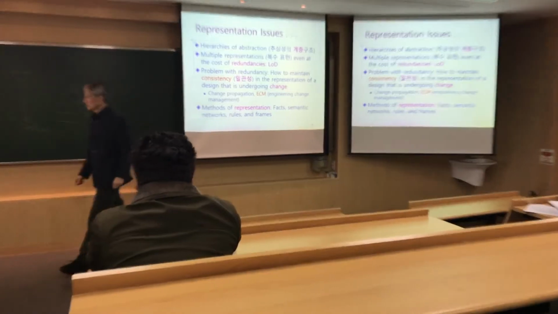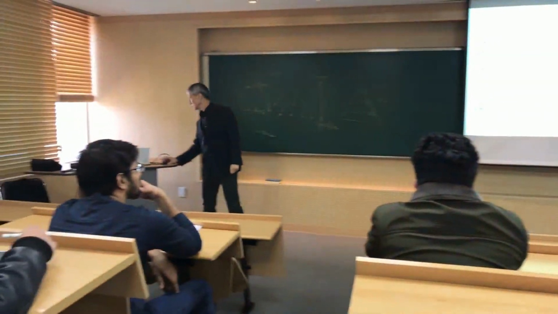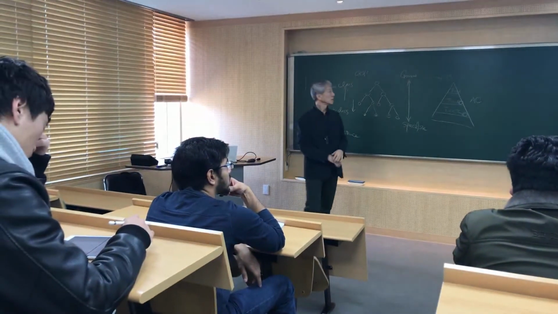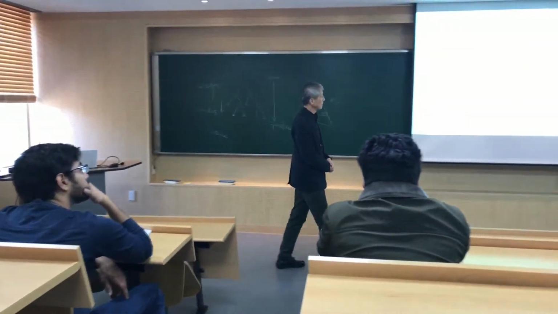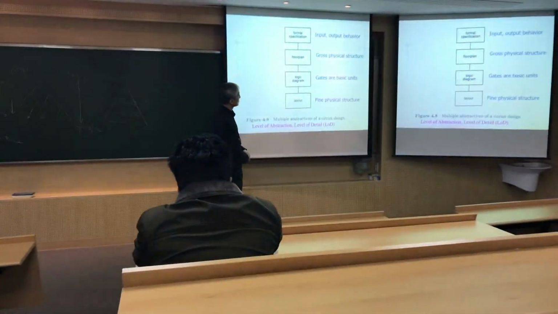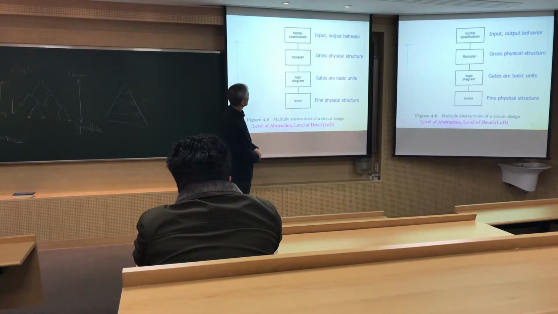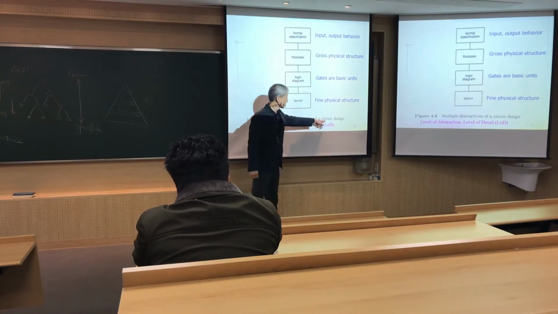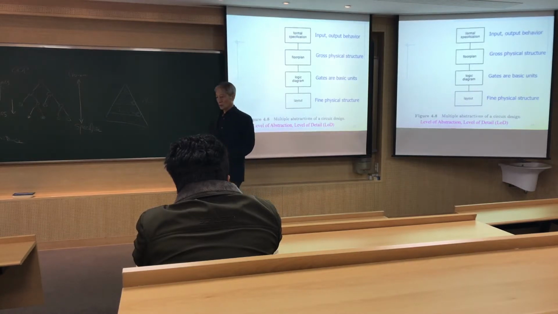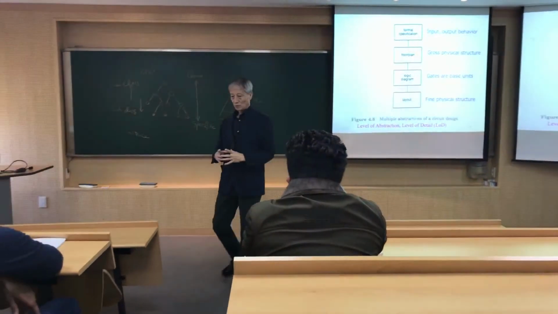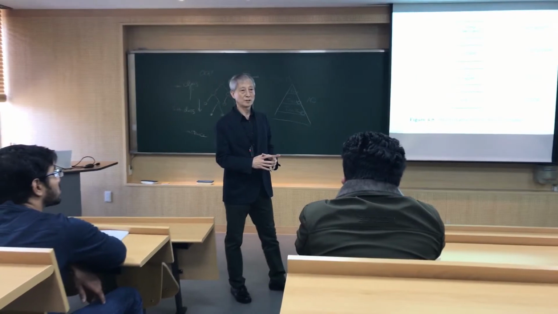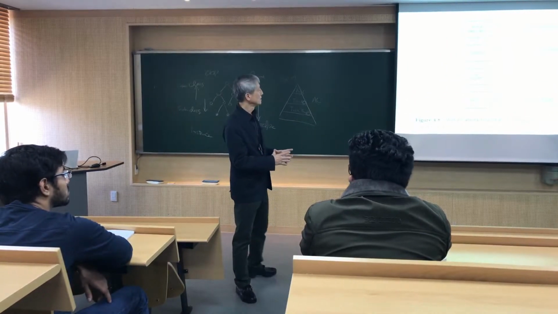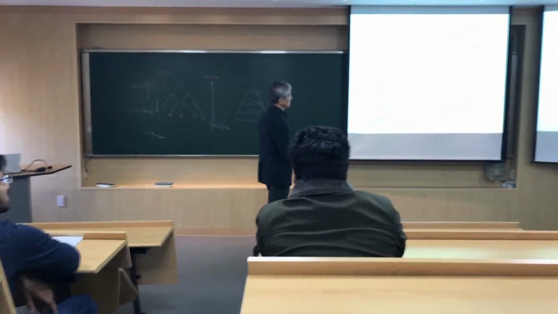Representation, we already saw this one. And then a sample of level of detail. What is this? A logic diagram. This can be a circuit design of, say, RAM or ROM, memory, or a chip.